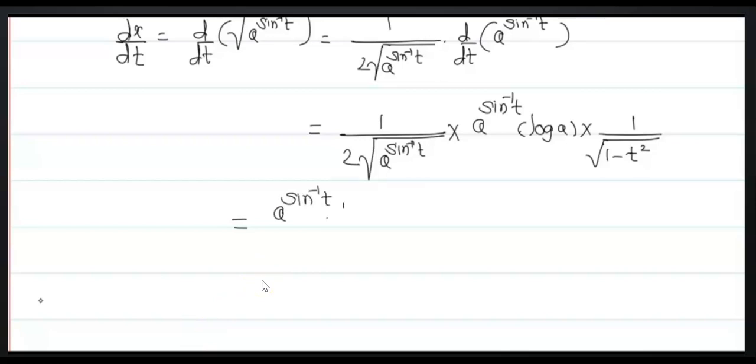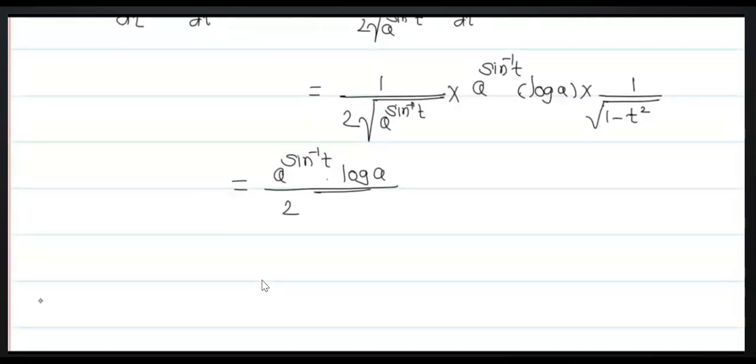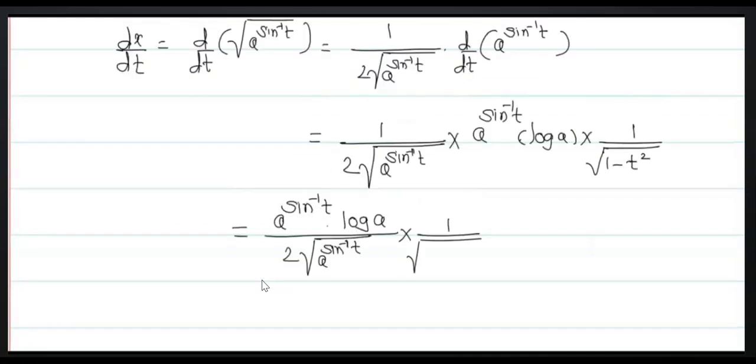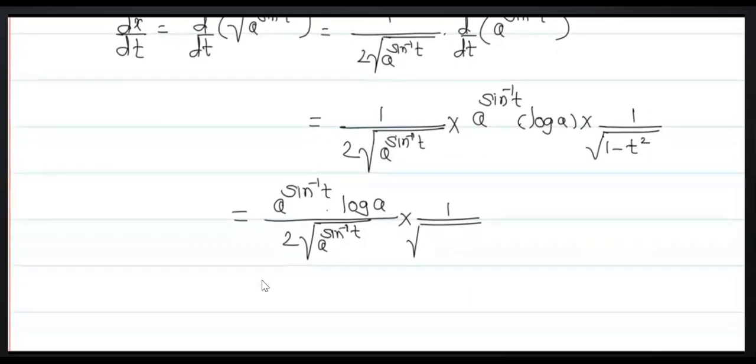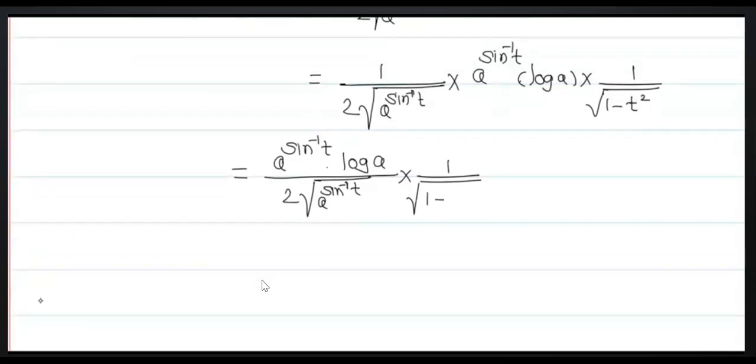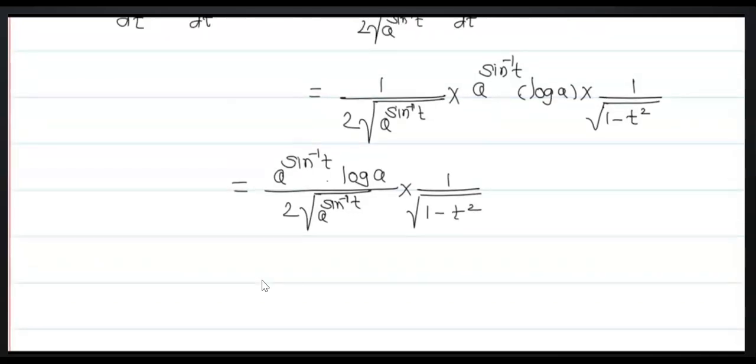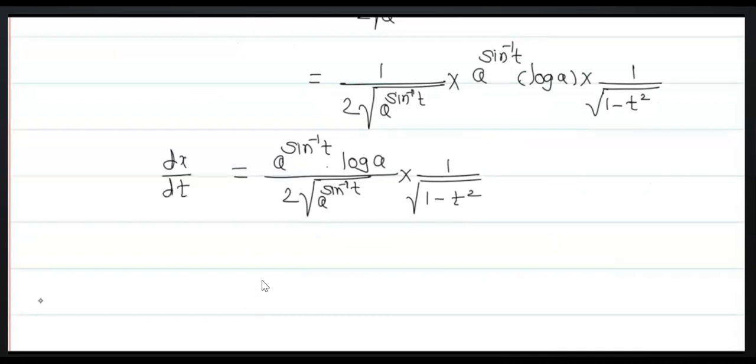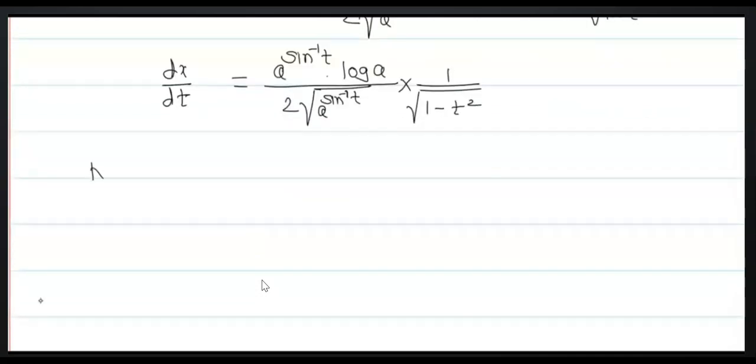Therefore, dx by dt is a raised to sine inverse of t log of a upon 2 root of a raised to sine inverse of t into 1 upon root of 1 minus t square.